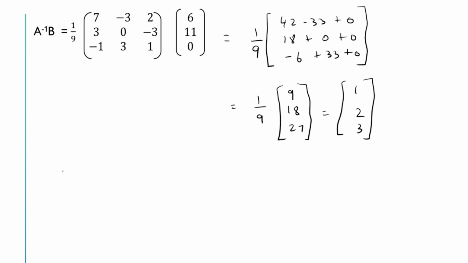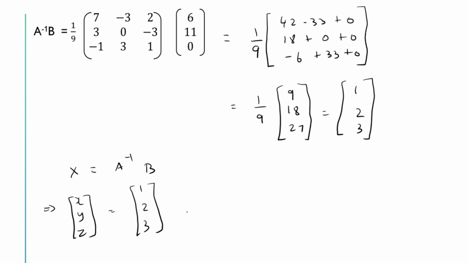So x is equal to A inverse into B implies the matrix x, y, z is equal to the matrix 1, 2, 3. Therefore, x is equal to 1, y is equal to 2, and z is equal to 3. So this is how we use the matrix method to solve the given system of equations.